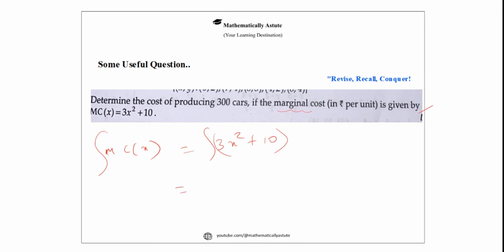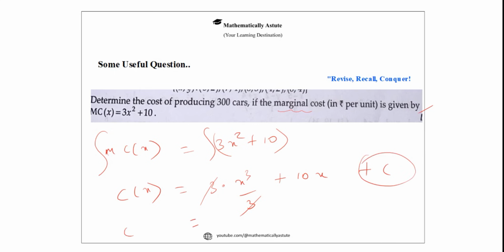This marginal cost will become simply the cost function, and this will become 3x cubed by 3 plus 10x. Plus c would be there for the arbitrary constant, or you can say the fixed cost.